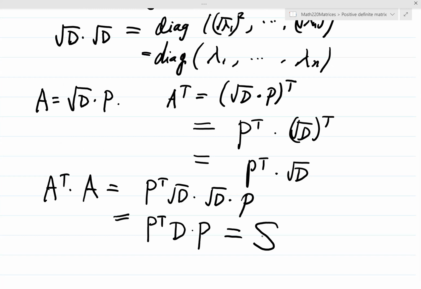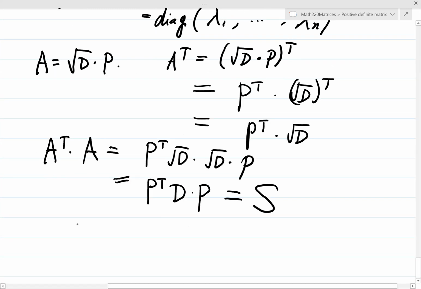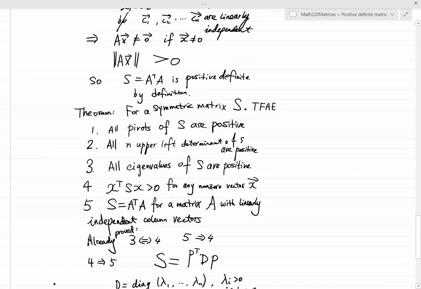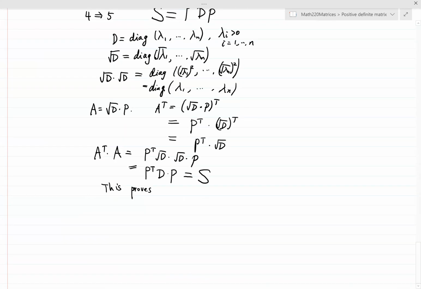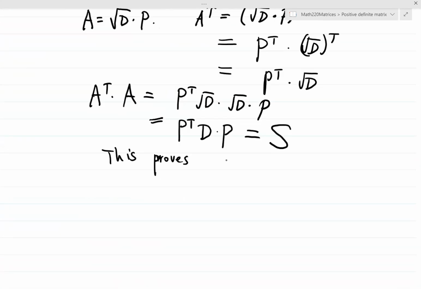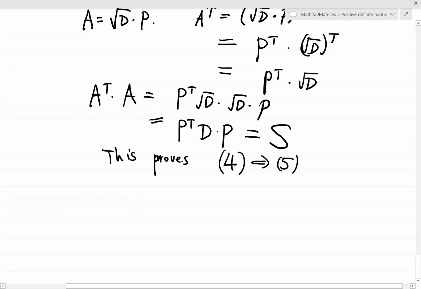This proves 4 implies 5. So 5 and 4 are equivalent.